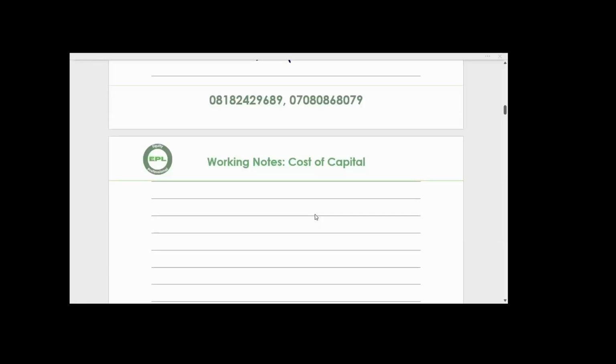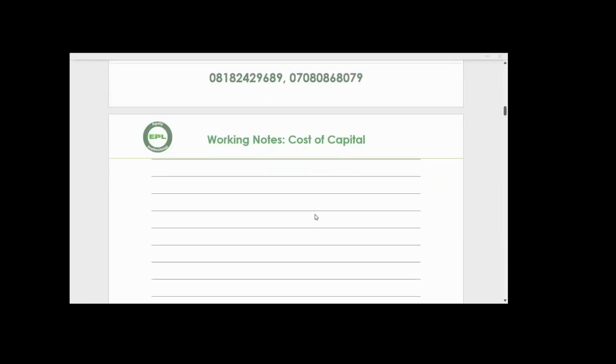Let's talk about cost of redeemable preference share.